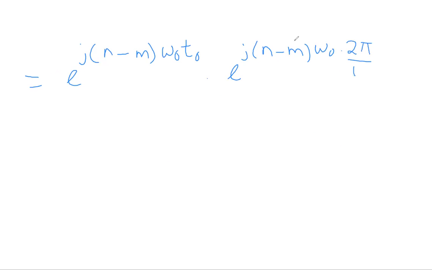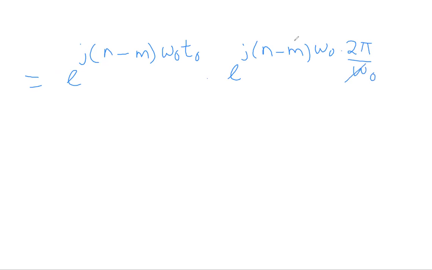So this would be equal to exponential j n minus m omega 0 t0 and exponential j n minus m omega 0 into 2 pi by omega 0.